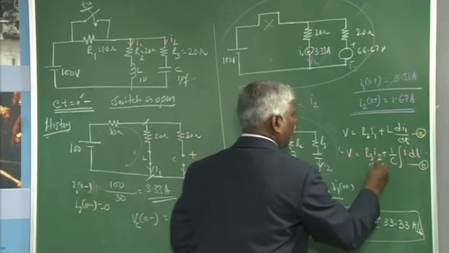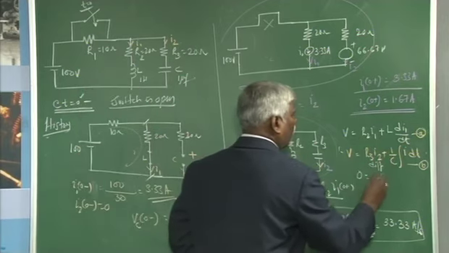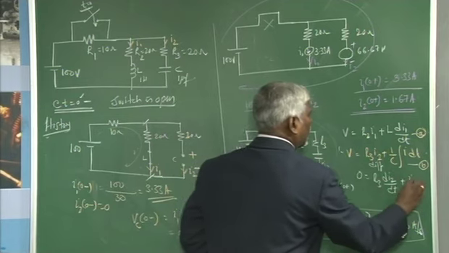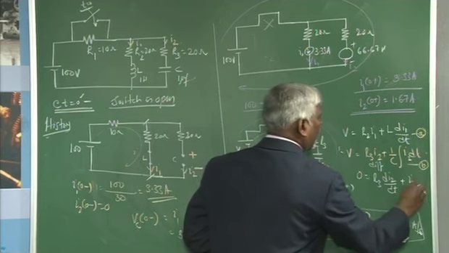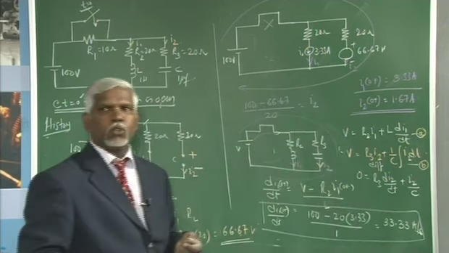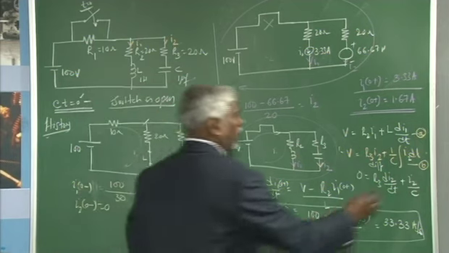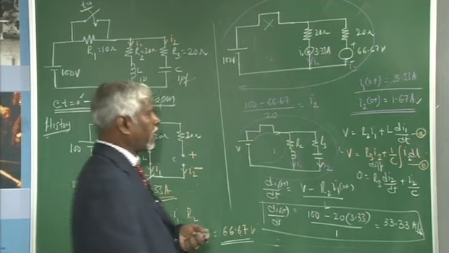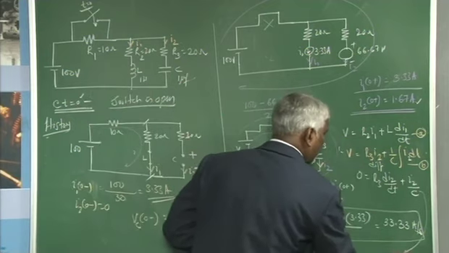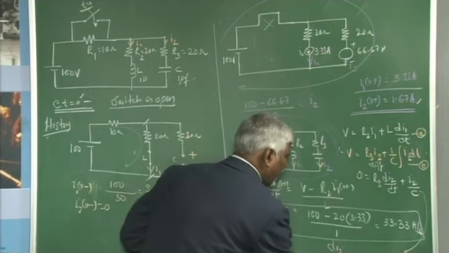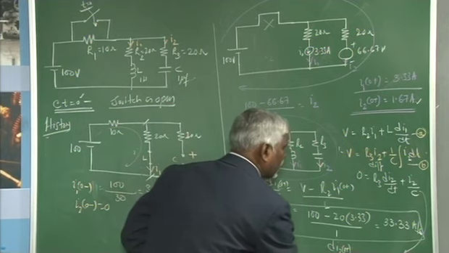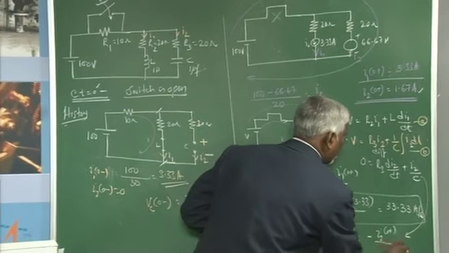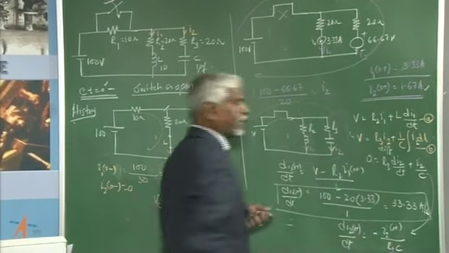When I differentiate this equation, I get 0 equal to R3 dI2 by dt plus I2 by C. Substitute the value of I2 at 0 plus, which is 1.67, to get dI2 by dt. So, dI2 by dt at 0 plus will be minus I2 at 0 plus by R3C.